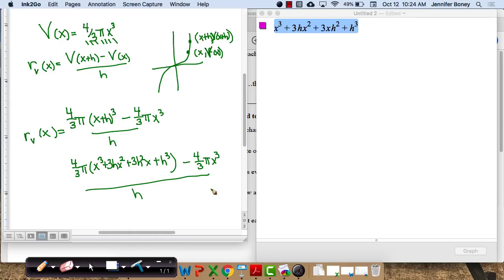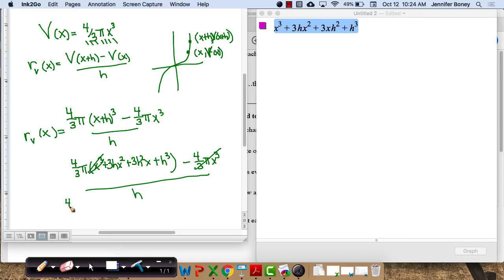And without distributing here, I can see that this entire term is going to, if I were to distribute, get rid of this with the 4/3 pi on it. And so what remains is 4/3 pi times these other 3 things, each of which has an h in it. Just like the last time, only messier, we can factor out an h, and I'm just going to leave that 4/3 pi factored out as well. Factor out an h, and then we'll be able to reduce.